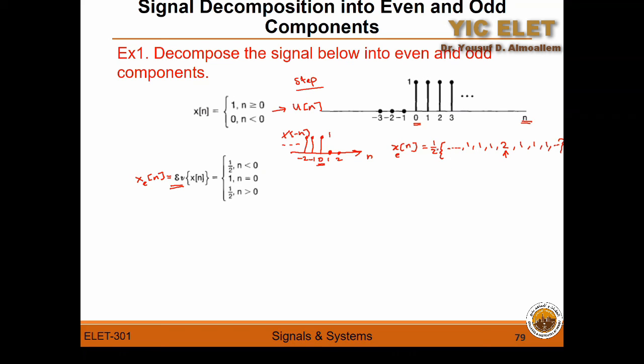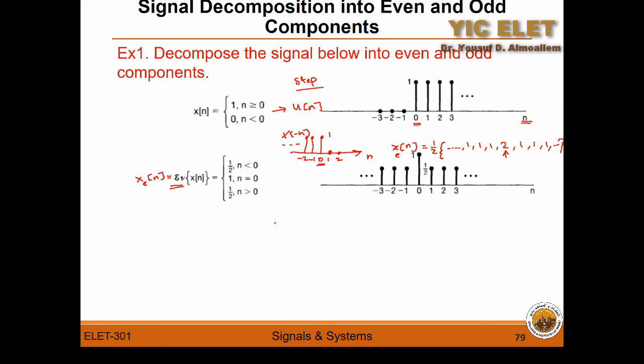If we multiply half into this, then in the negative part and positive part it will be equal to half, and at n equal to 0 it will be equal to 1. And this is shown in this figure.